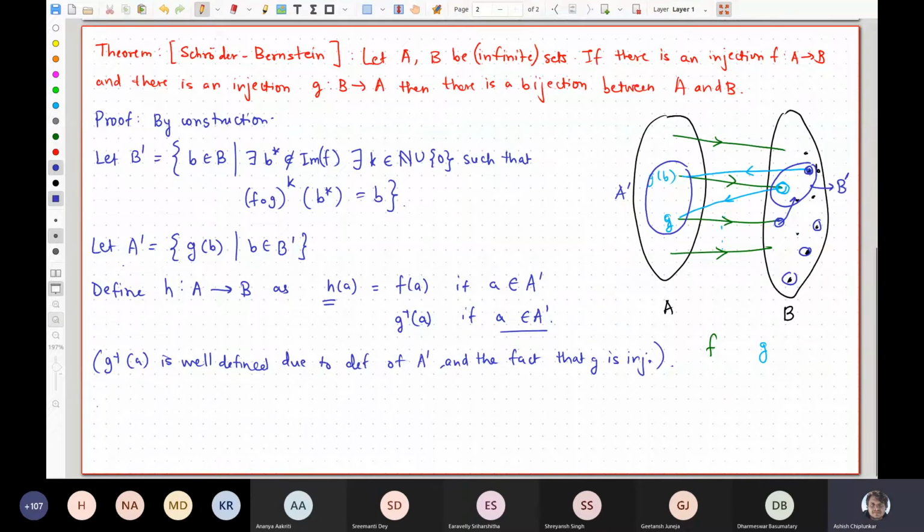So we claim that H is a bijection. Before we prove this claim, let's first understand these sets A and B. Let's take the definitions on the next slide.